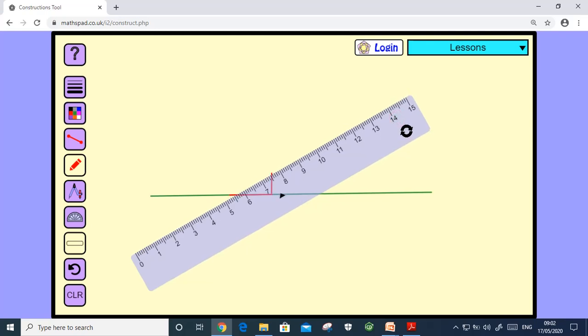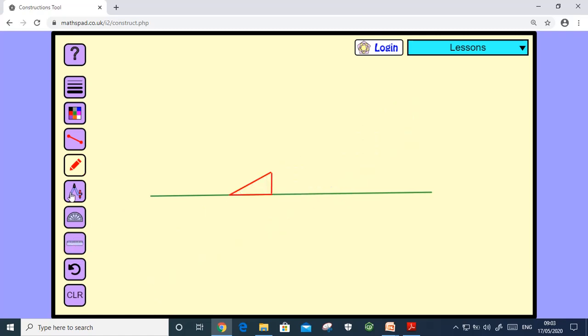Now we join the 2 vertices, that is O and B. Using the compass, fix the compass at 0. Now measure the radius, the square root 5, that is the hypotenuse value. Now draw the line with the same radius, that is square root 5 radius. We get the square root 5 on the number line.